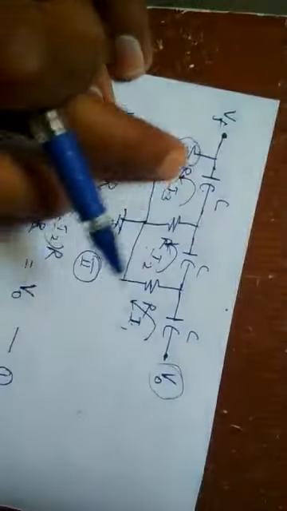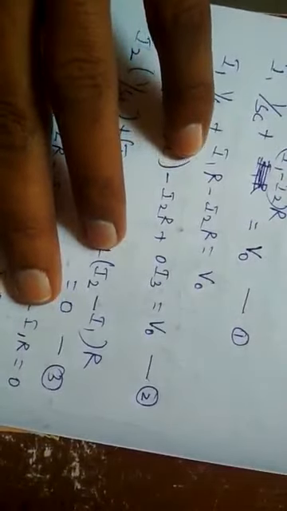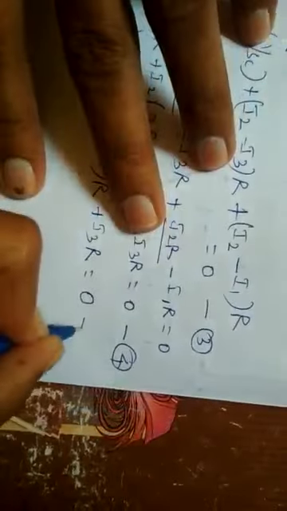Again, the total loop around the potential is 0. And you can name this as 5.